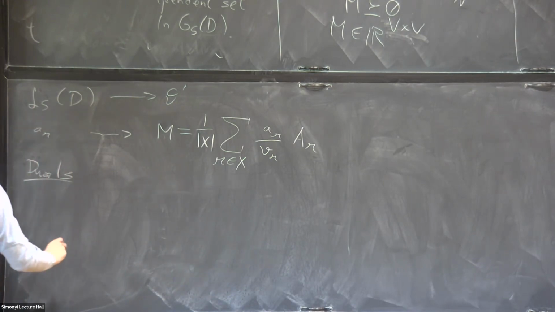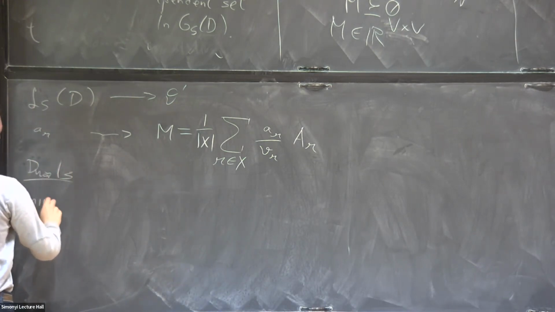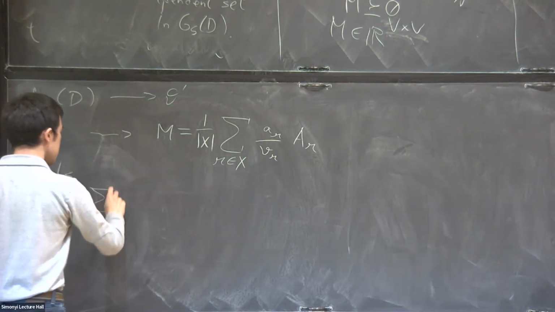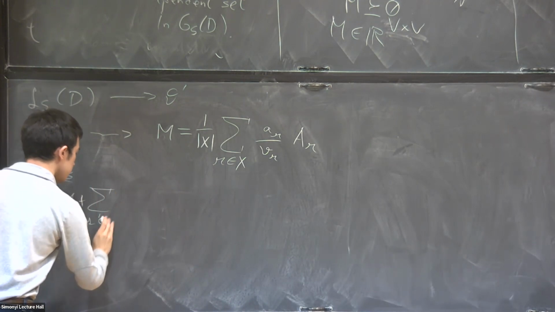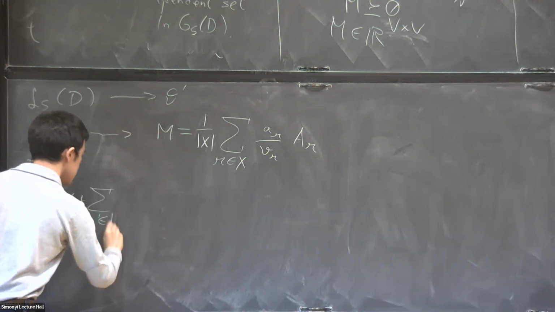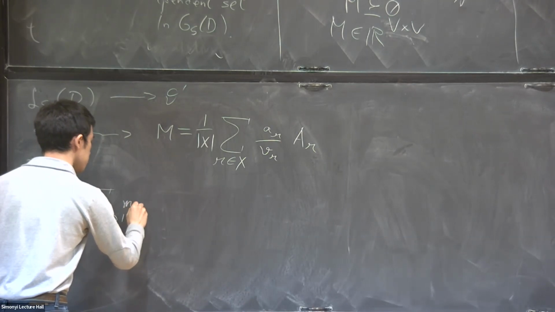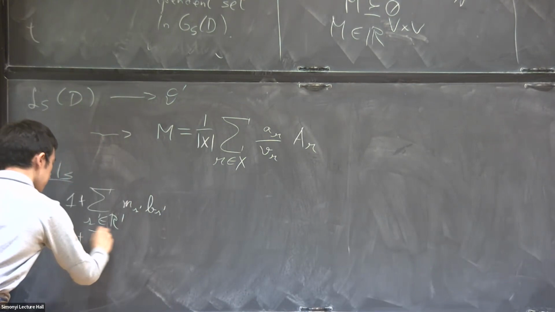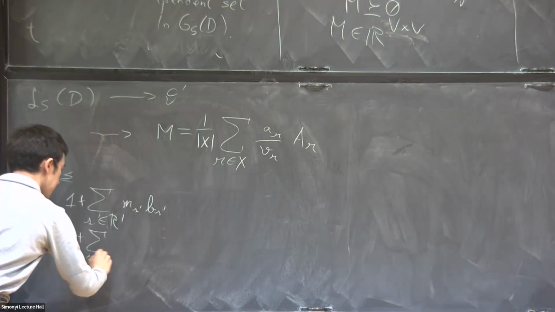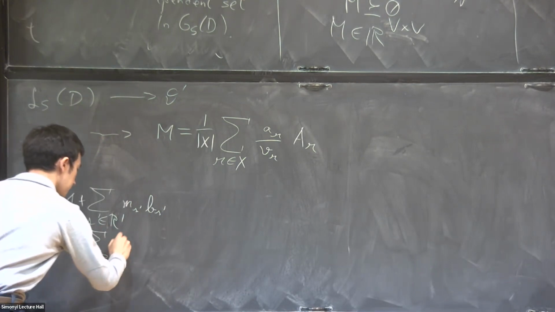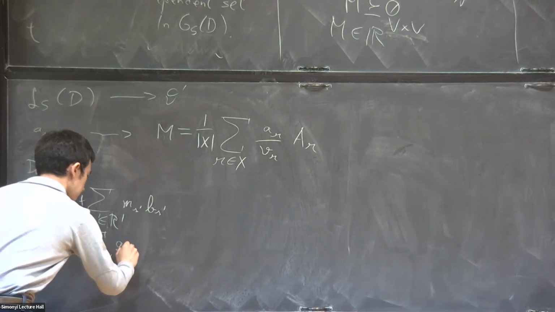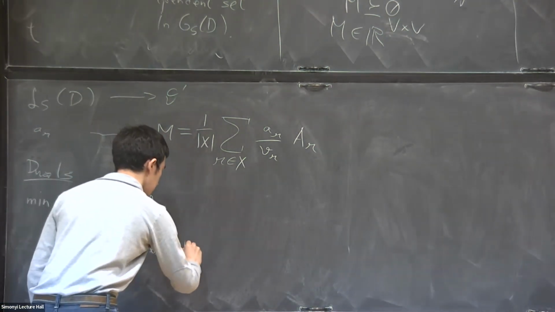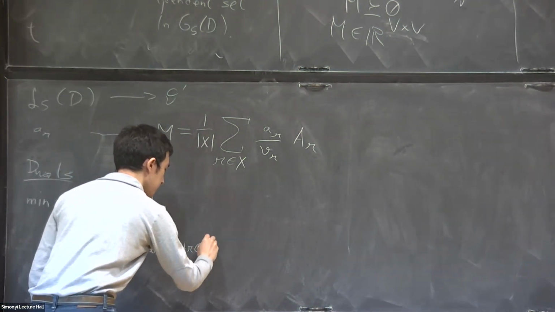So the dual of the Delsarte LP looks like this. I'm not going to actually do the computation, but I'm just going to write it here. These are the variables.